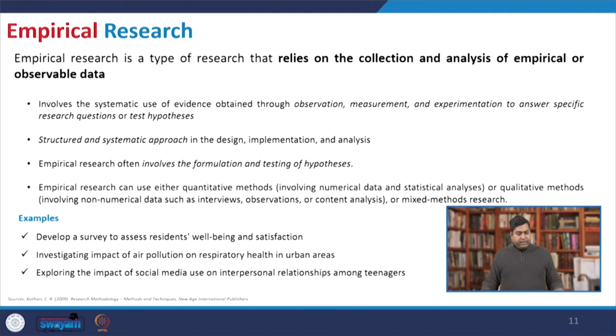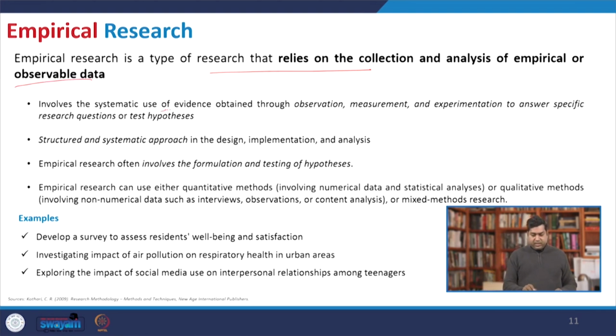Coming to this category, this is empirical research, which is much more about data. Empirical research is a type of research that relies on the collection and analysis of empirical and observable data. It is much more similar to analytical research.